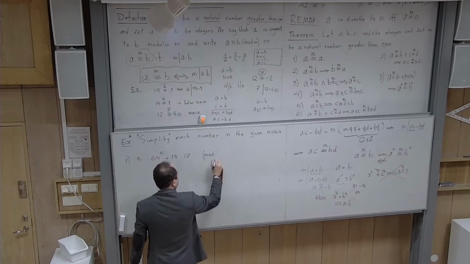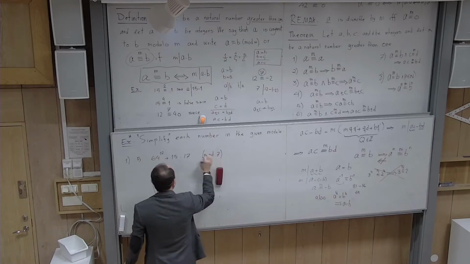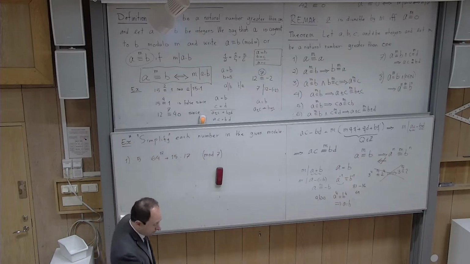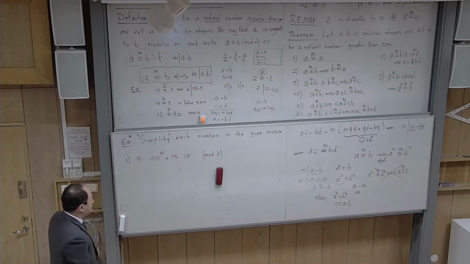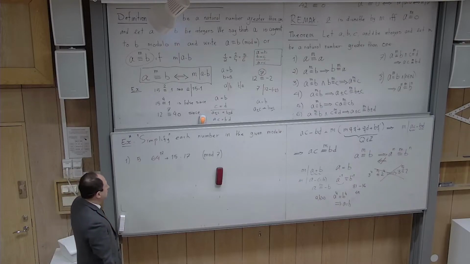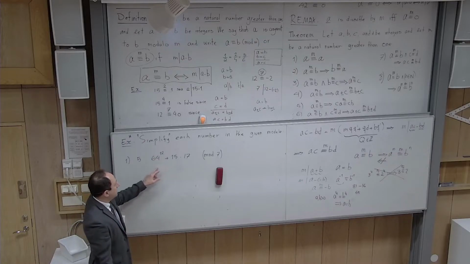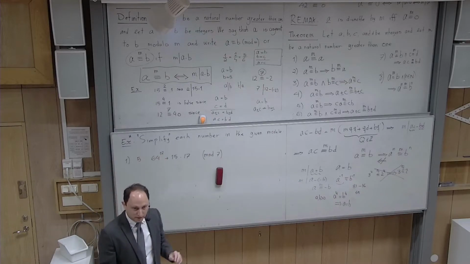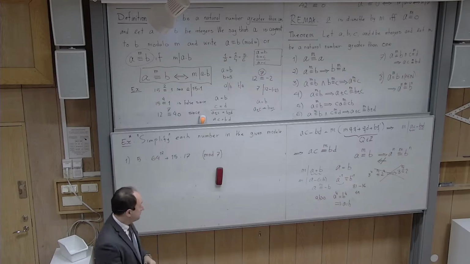I want you to simplify this. I will tell you why I say that this is a little bit ambiguous. And of course, needless to say, you are not allowed to use the calculator. For example, I can put 1200 here, and then it will be out of the reach of your display. But still we can solve it.